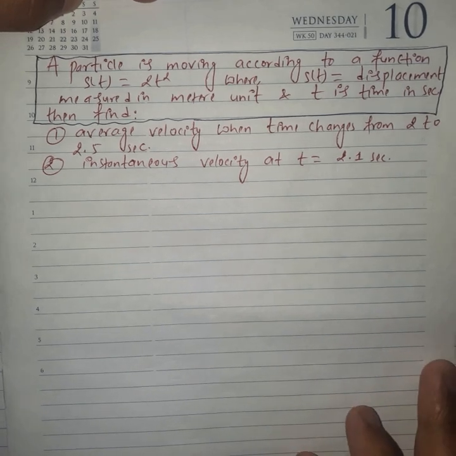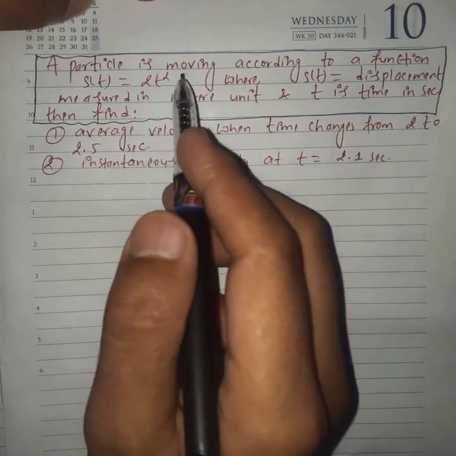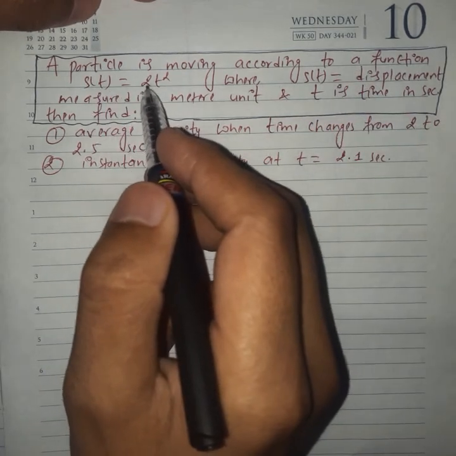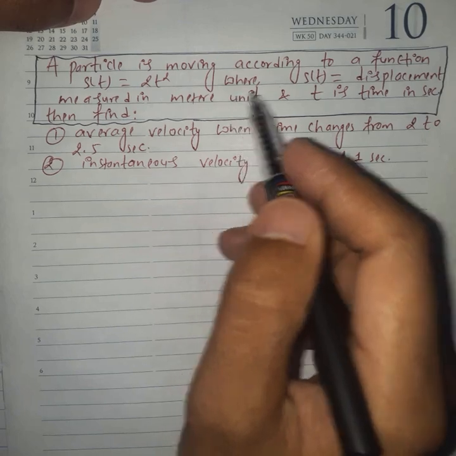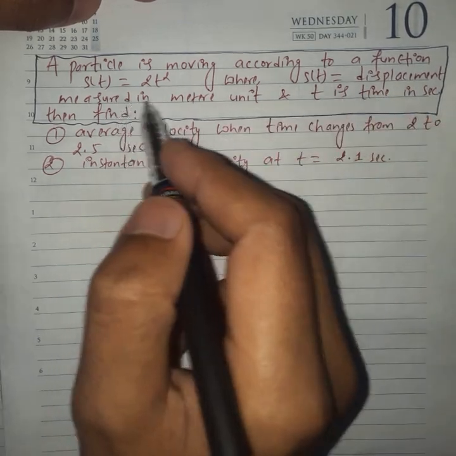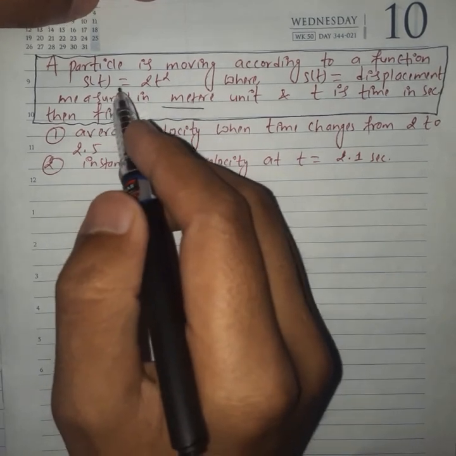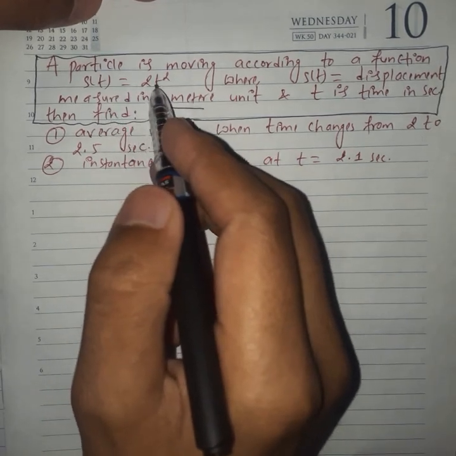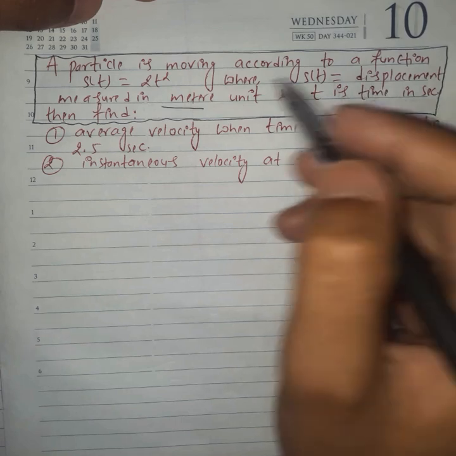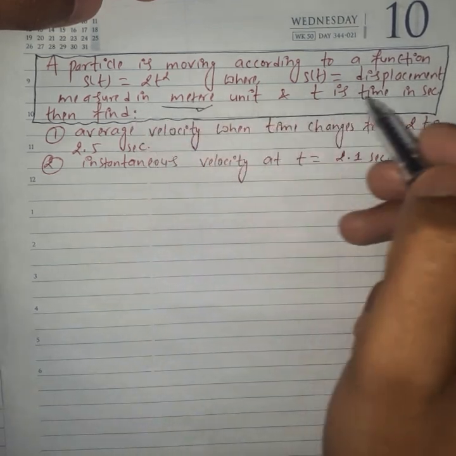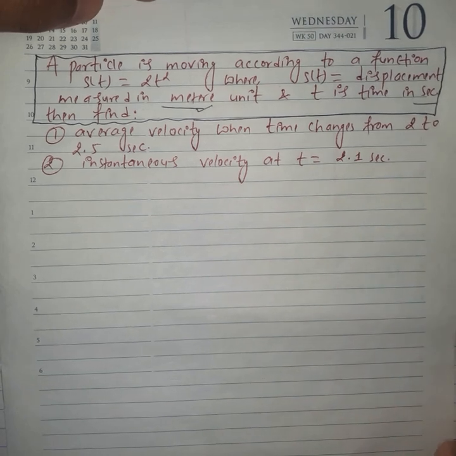Here I have taken a question. A particle is moving according to a function s of t equals 2t square, where s of t means the displacement, measured in meters, and t means the time, measured in seconds.